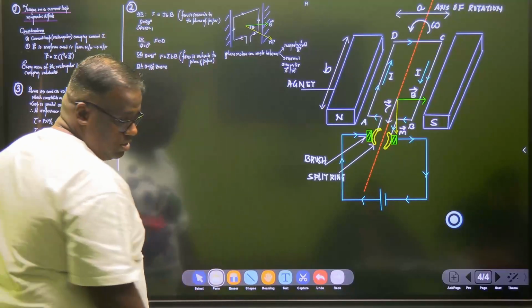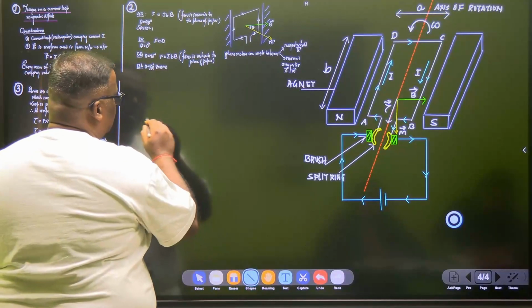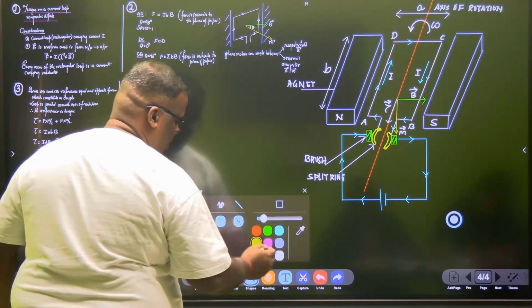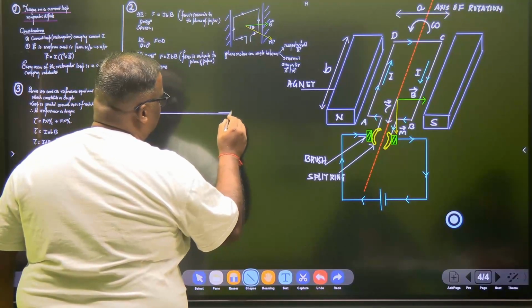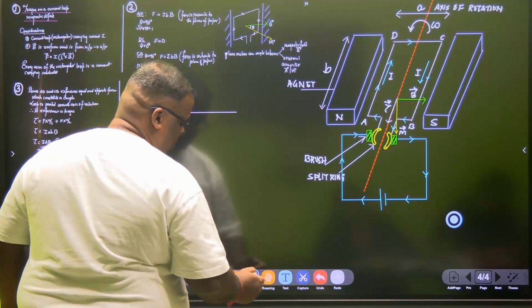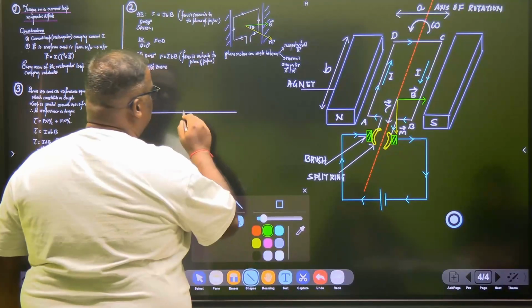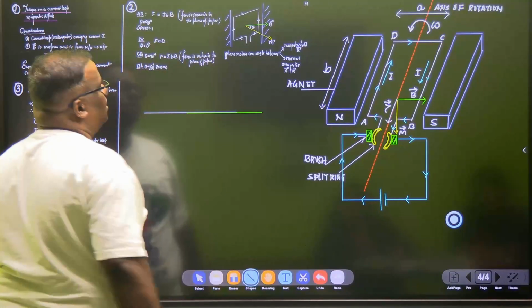Okay, so let's draw this diagram. If you have understood, it's fine. If you have not understood, then that is the issue. So here I have this motion along the direction of B, right?